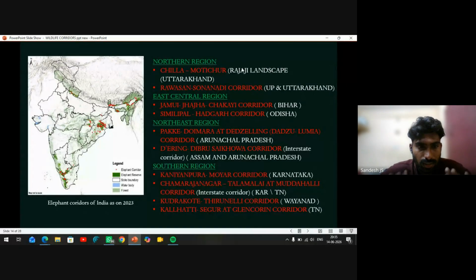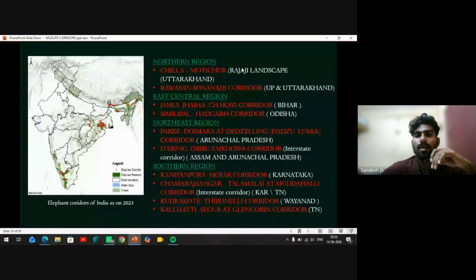Basically in India, we have 3 types of corridors: interstate, intrastate, and transnational. Interstate means the corridor links or is shared between 2 or more states. Intra means inside the state, and transnational means shared with another country, like the Terai landscape which is shared between India and Nepal.